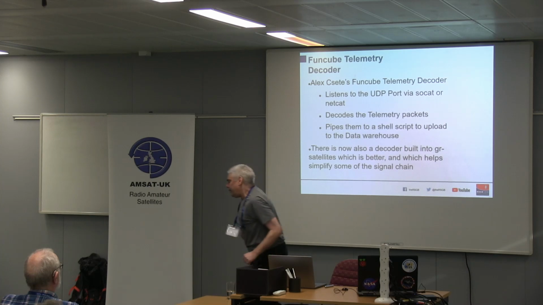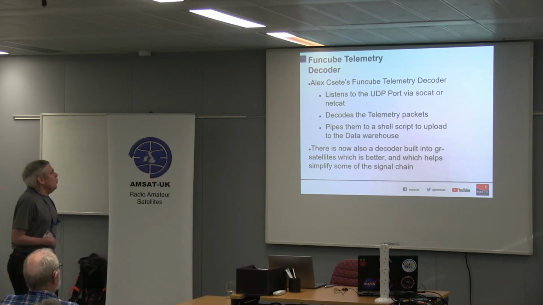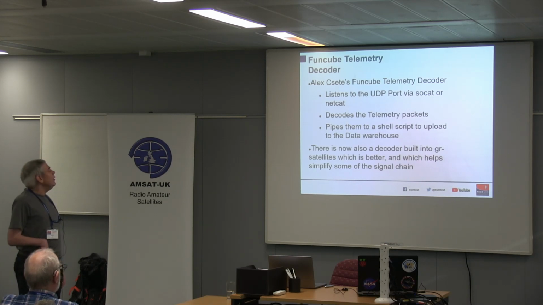Just a little bit on Alex's decoder. It listens to a UDP port, so you need a little bit more Unix plumbing. Two utilities you can use there, SOCAT or NetCat. It decodes the telemetry packets, and then pipes into a shell script that uploads them to the FUNcube warehouse.